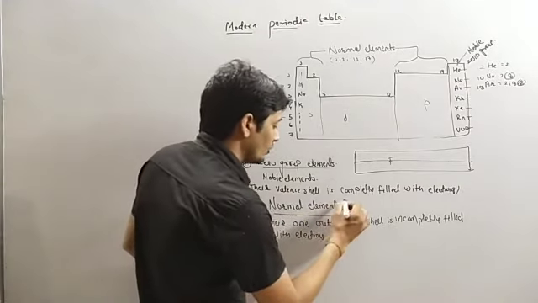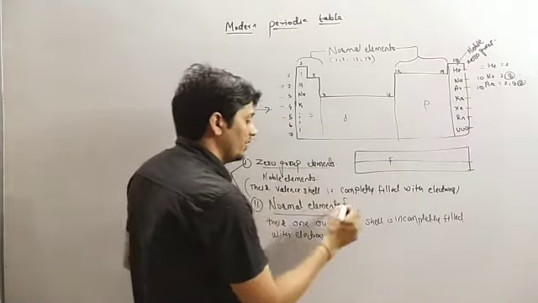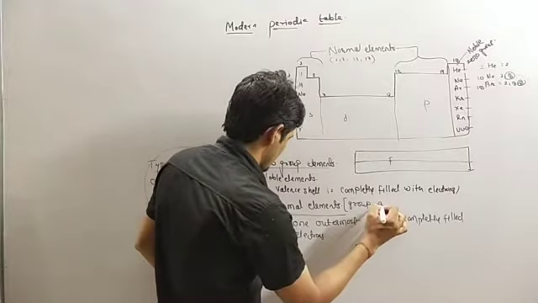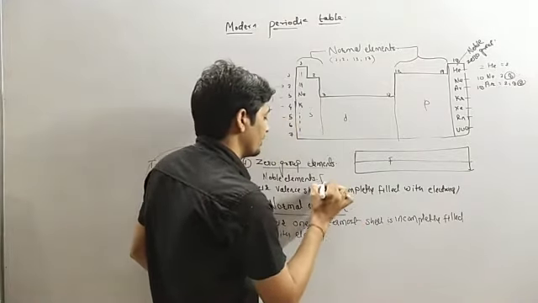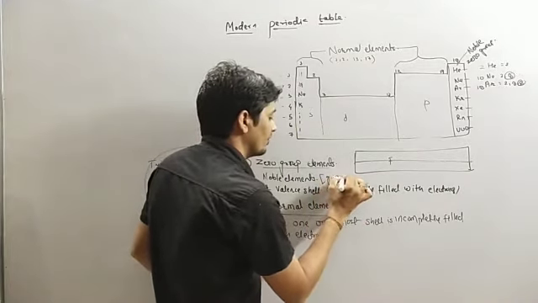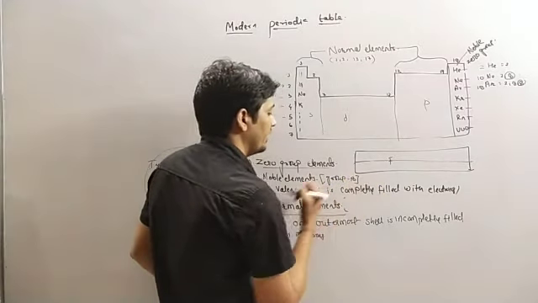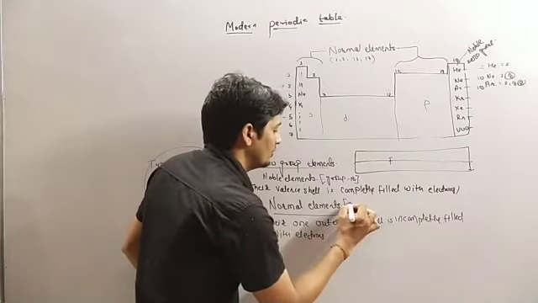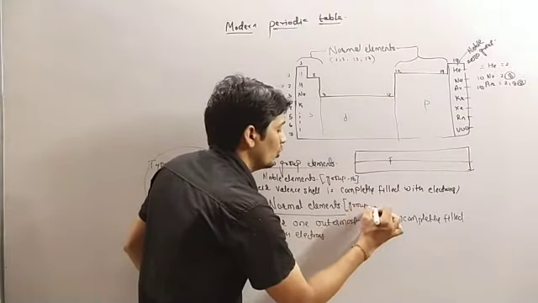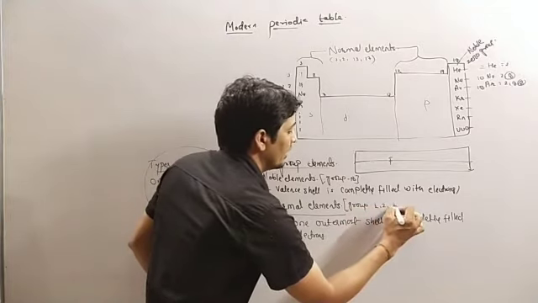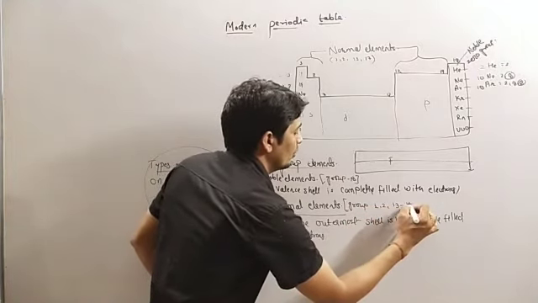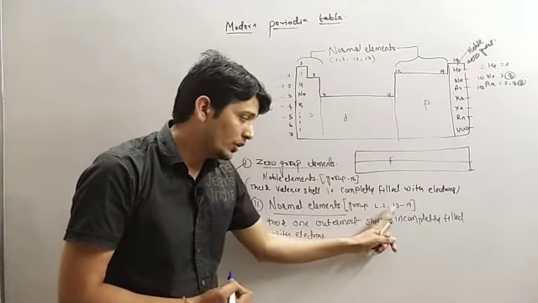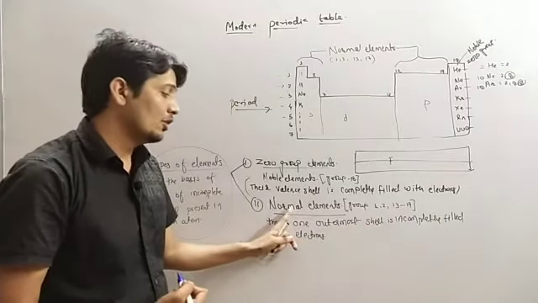Here we have to write about noble elements, only elements of group 18. In normal elements we have elements from group 1, 2 and 13 to 17. Okay, you have to remember elements of group 1, 2 and 13 to 17 are normal elements.